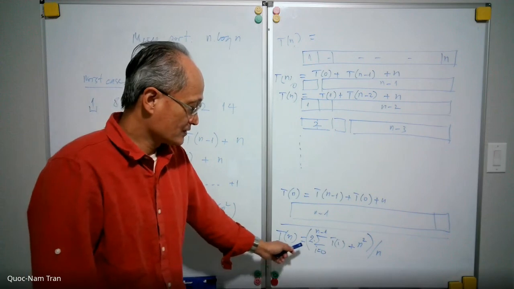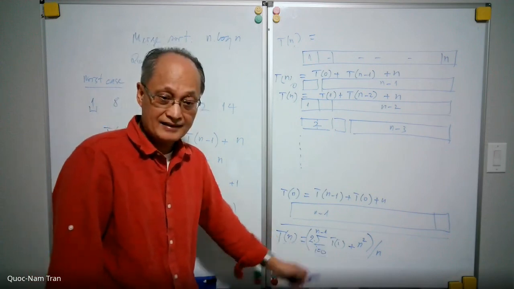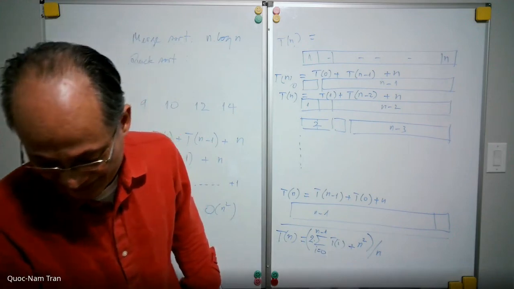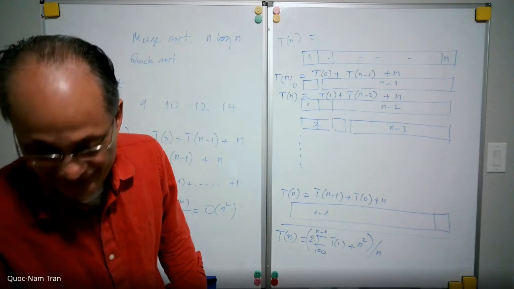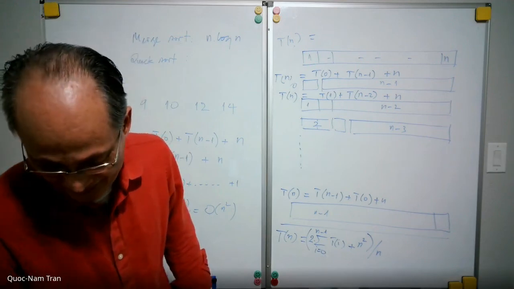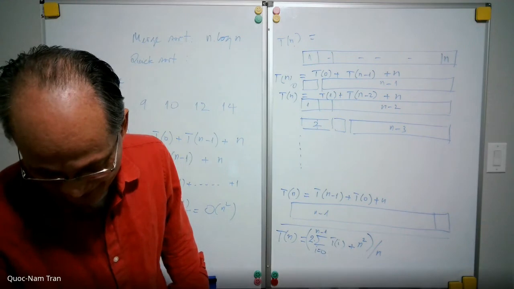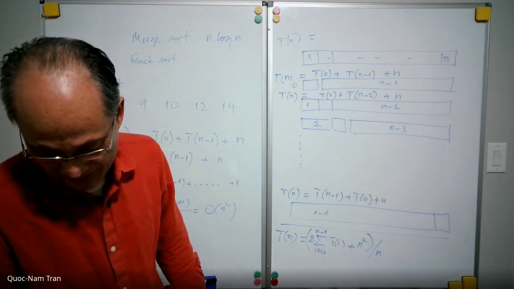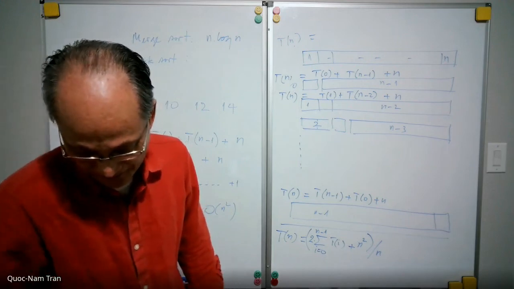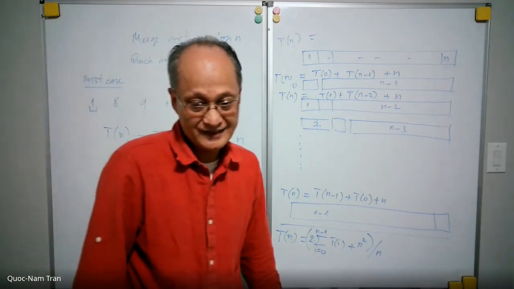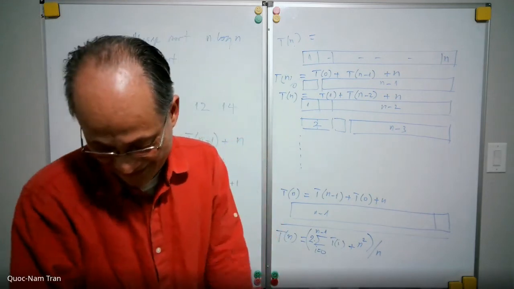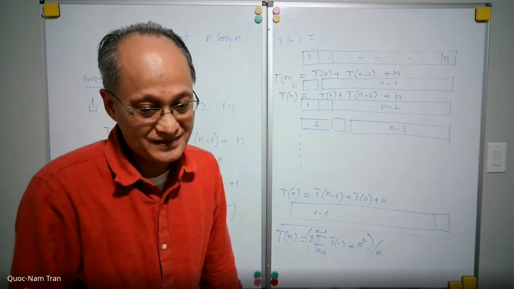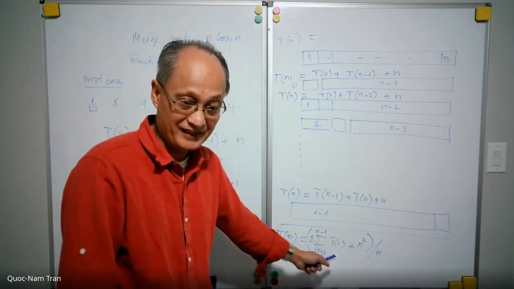Have we solved a recurrence like this before? No, we have not solved anything like this before, right?